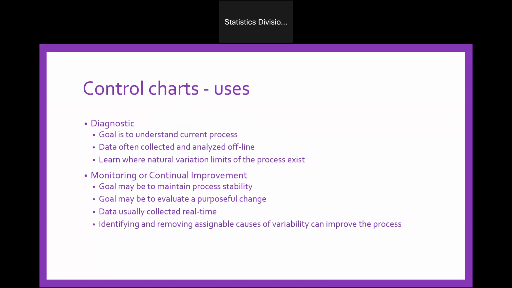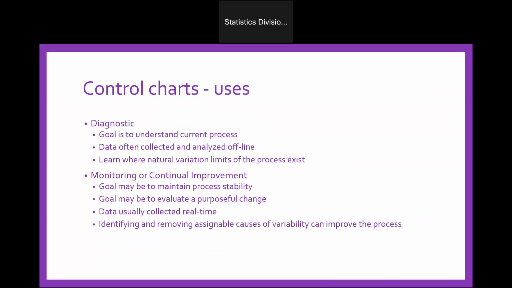And for continual improvement, control charts are helpful because if you can identify and remove those assignable causes of variability, that can help improve the process. So we'll go back to a manufacturing example.